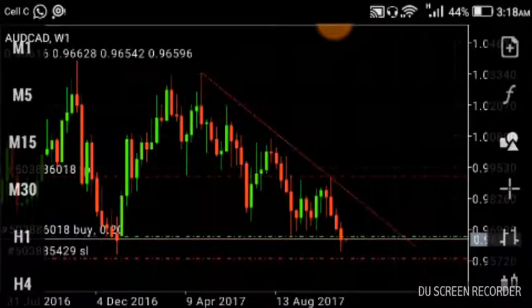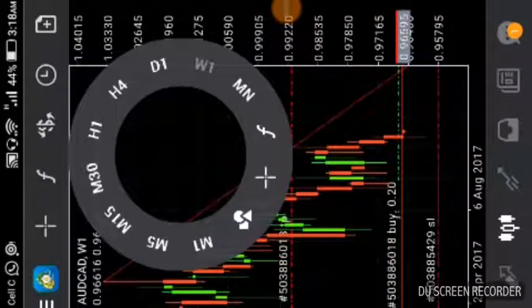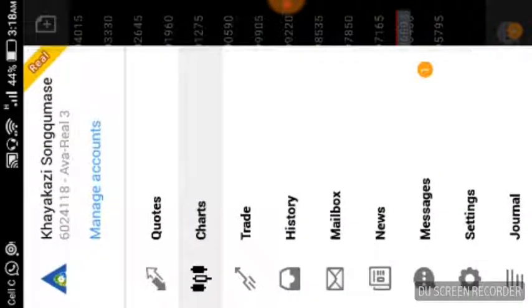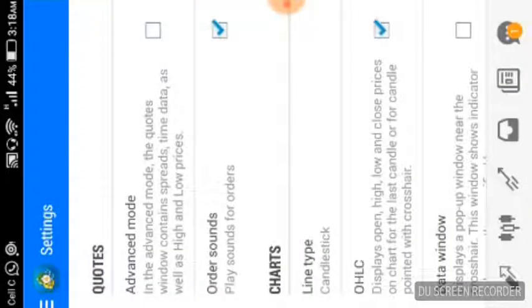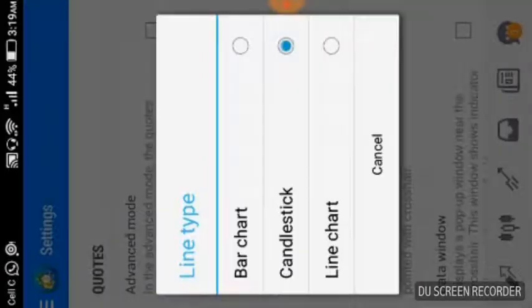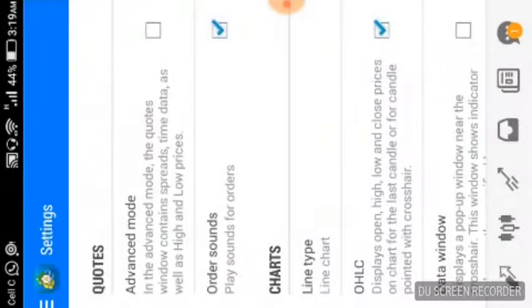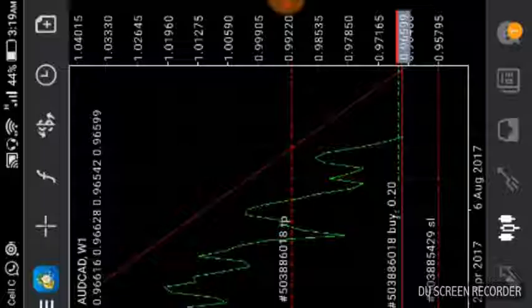Now what you want to do is first of all, just go to settings and change your chart here from a candlestick to a line chart, and you can go back there.